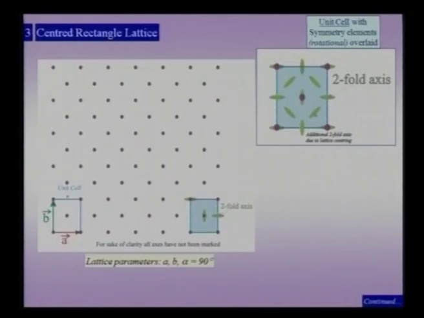The third lattice which I consider is the centered rectangle lattice. As the name suggests, it has a centering point apart from the four lattice points at the corner. Of course, the word centering, we have to understand clearly, is with respect to the previous unit cell.